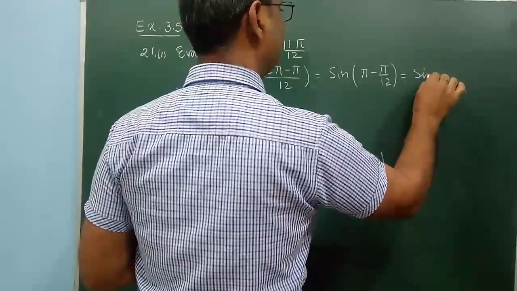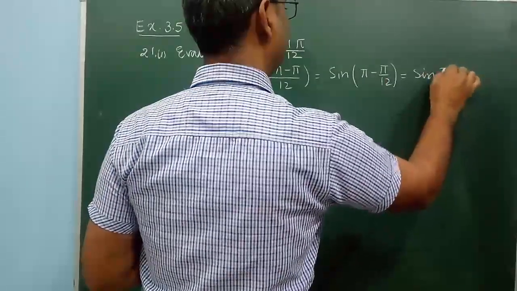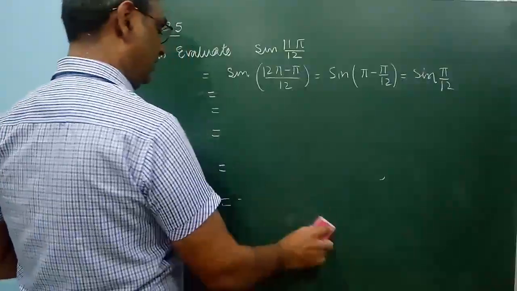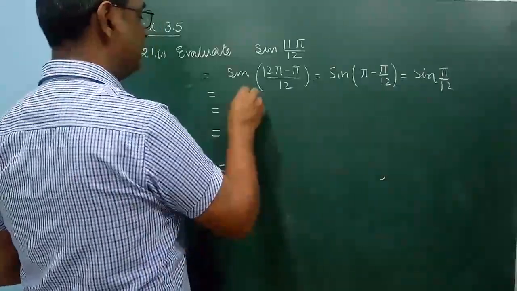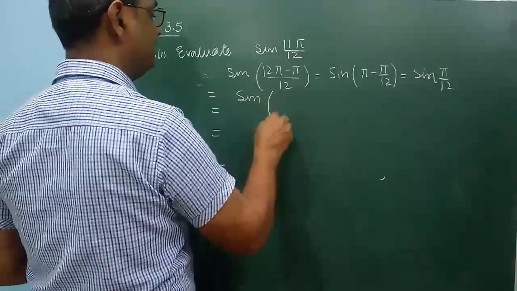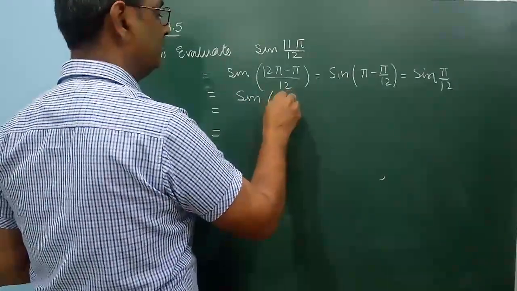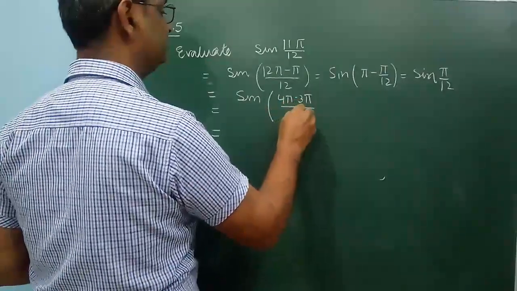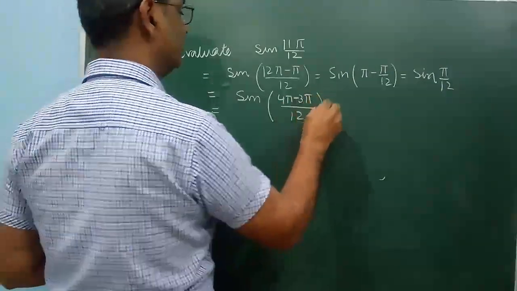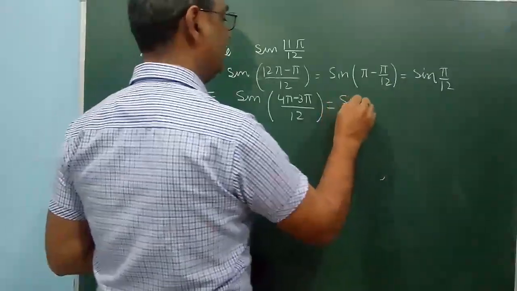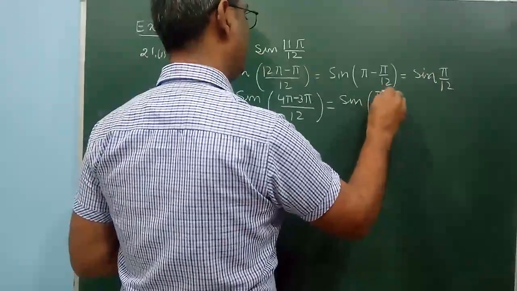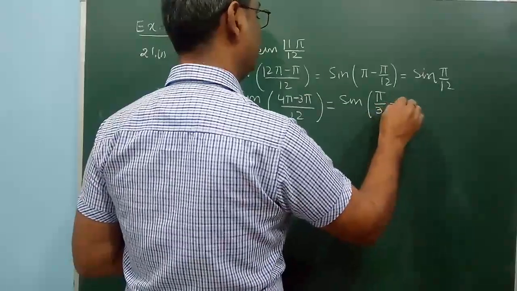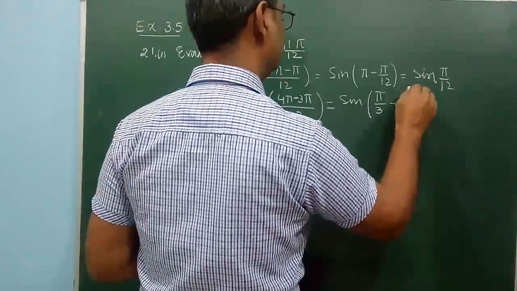So sine pi by 12. Now this sine pi by 12 we can write as sine(4 pi minus 3 pi by 12), that is sine(pi by 3 minus pi by 4).